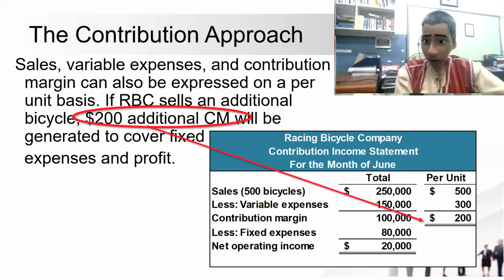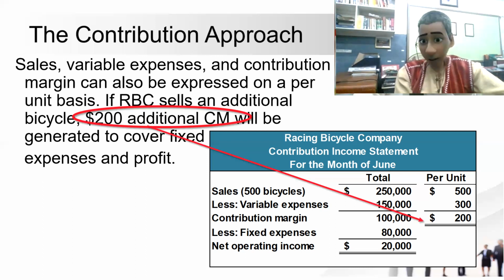So per unit, we can look into the same example. If RBC, which stands for Racing Bicycle Company, sells an additional bicycle, $200 additional contribution margin will be generated to cover fixed expenses and profit. So that is per unit basis.